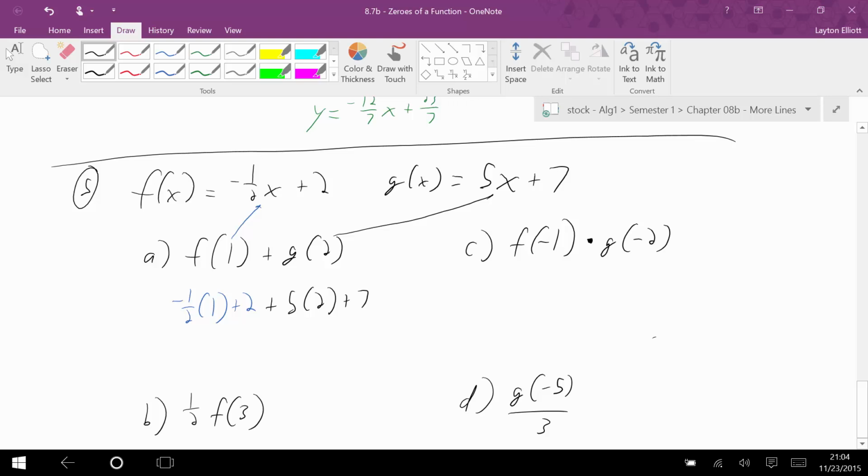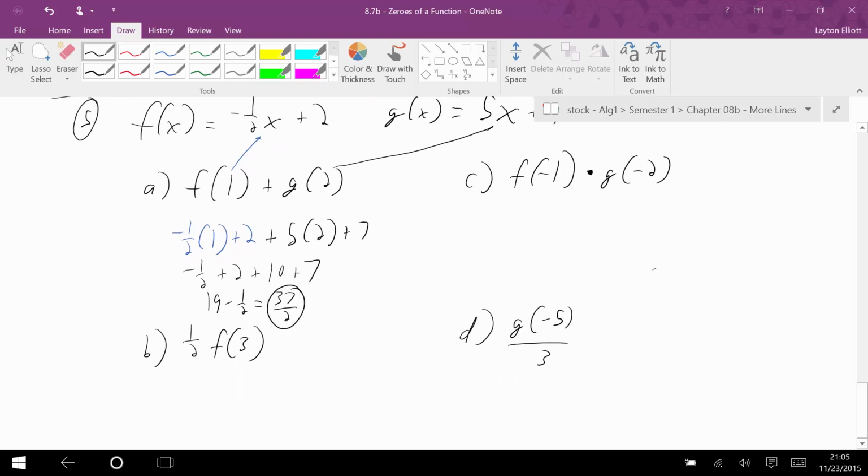And then we just have to simplify that whole thing out. Negative 1/2 plus 2 plus 10 plus 7. So that is really 19 minus a half, which is, 19 is 38 halves, so this is 37 halves.